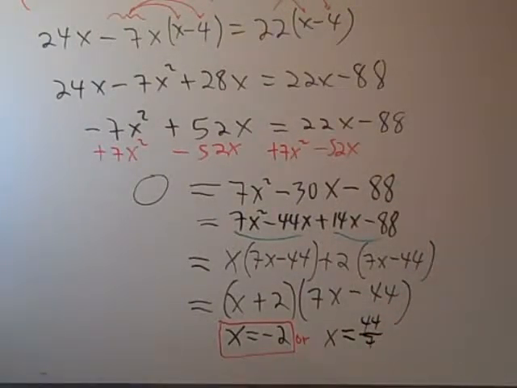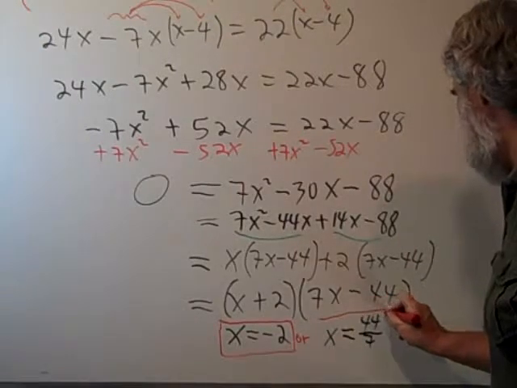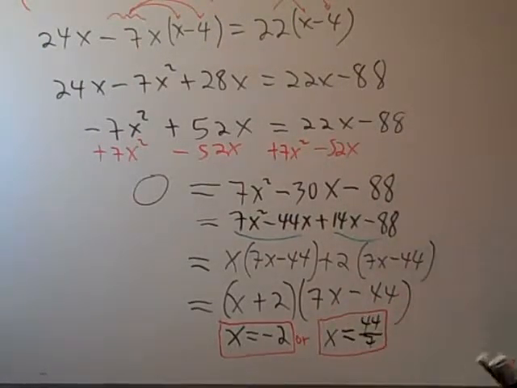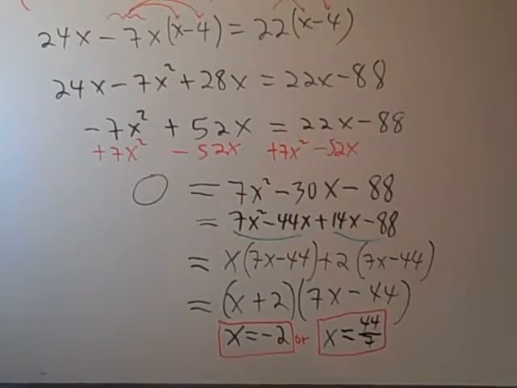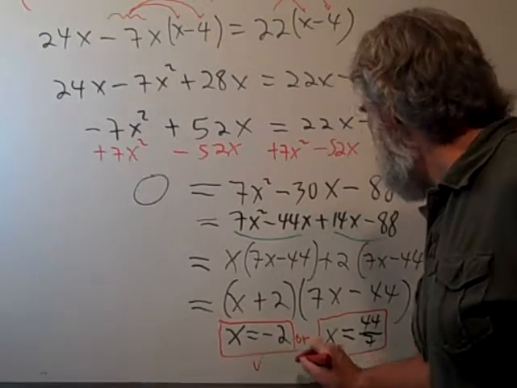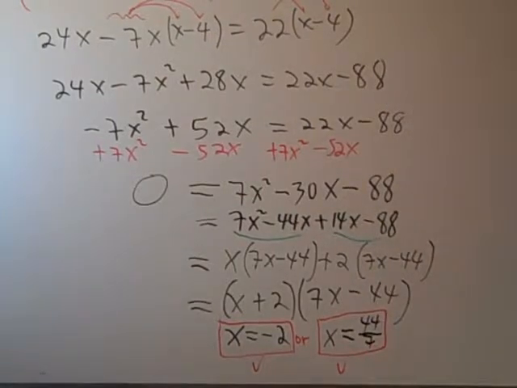And that's a second solution to this equation that we found. And neither of these causes a denominator in the original problem to equal 0. So they both check out okay in that sense, and both are valid solutions to our rational equation.